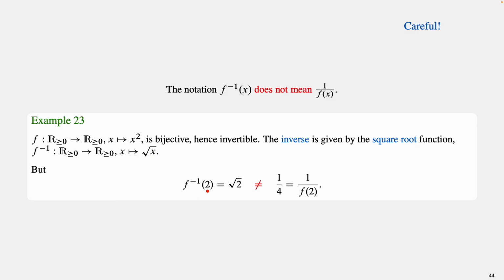So f inverse of 2, for example, is the square root of 2. But f of 2 is 4, and 1 over f of 2 is 1 over 4, which of course is not the same as the square root of 2. Because, as we saw previously, the square root of 2 is not a rational number, but 1 over 4, of course, is a rational number. So these two expressions here are not the same. So be careful not to confuse that.